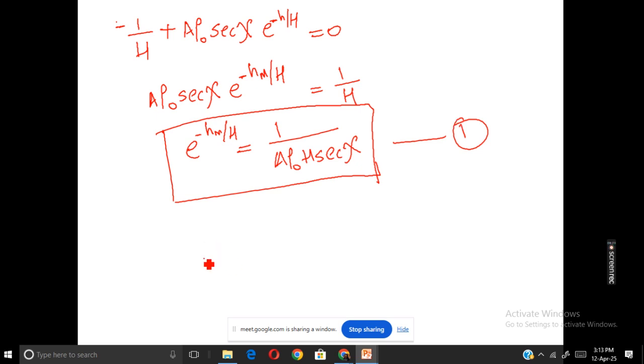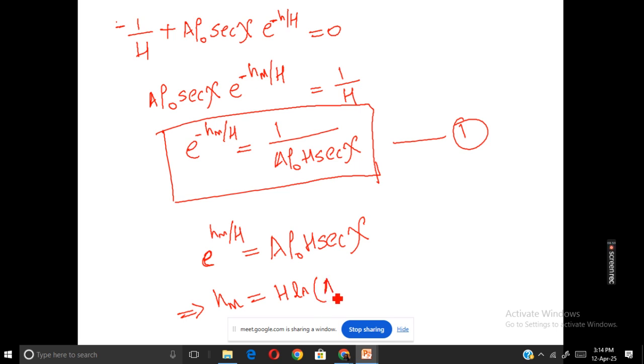Or if we want to, we are writing e^(hm/H): the denominator will become the numerator, so we are getting rid of the negative sign. e^(hm/H) will become a ρ0 H c χ, or we can write hm, the height at which peak production occurs, is given by H log of a ρ0 H c χ.